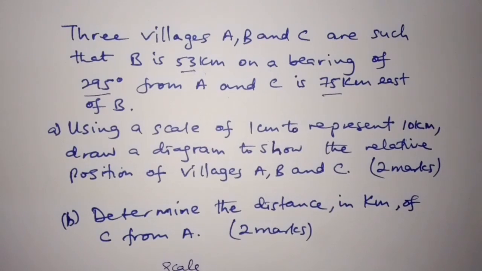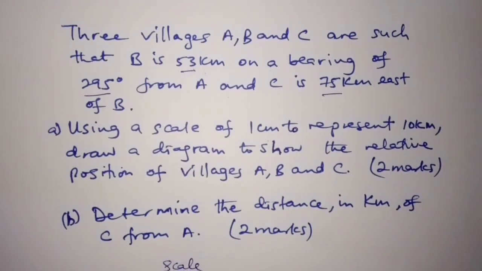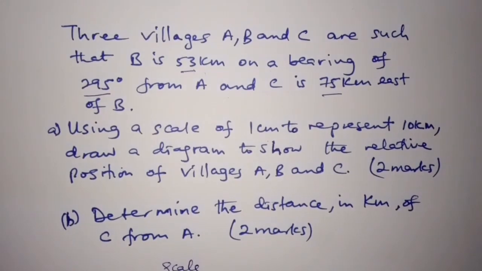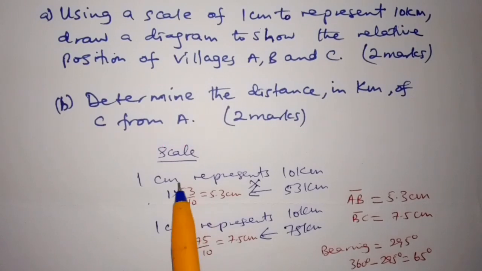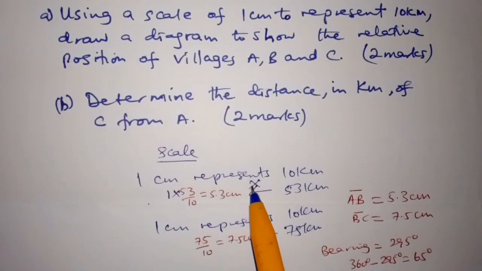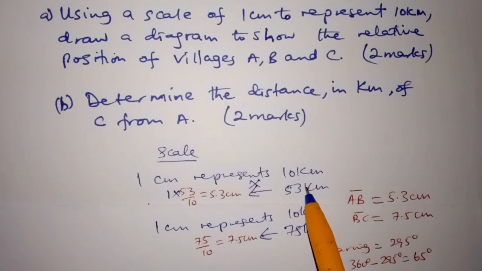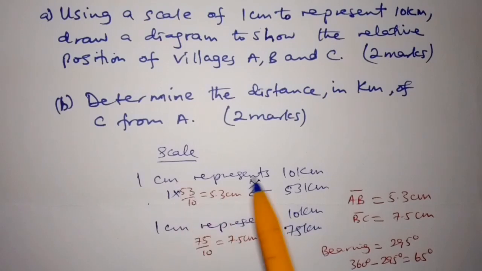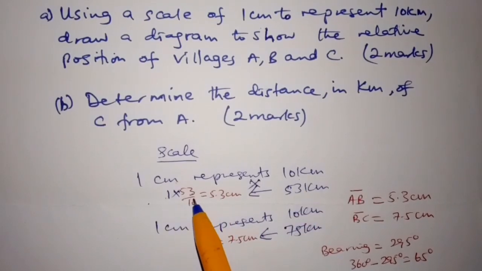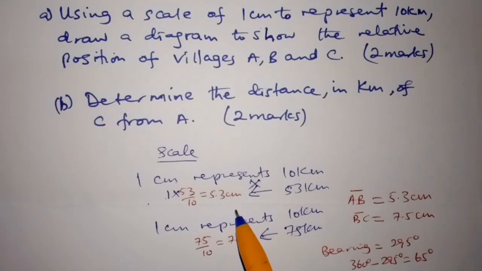We cross multiply: 53 times 1 over 10, which is 5.3 centimeters.